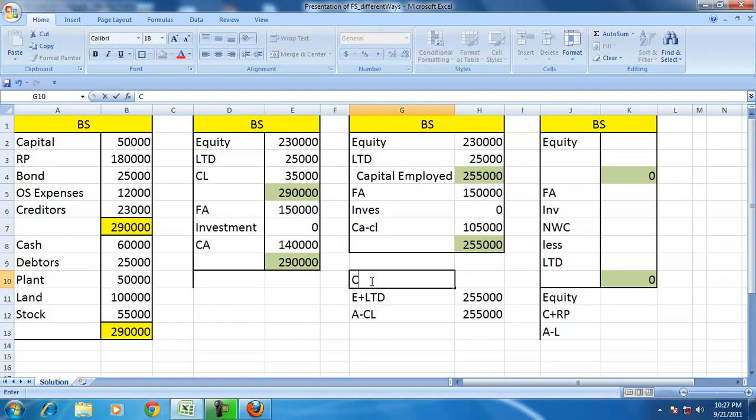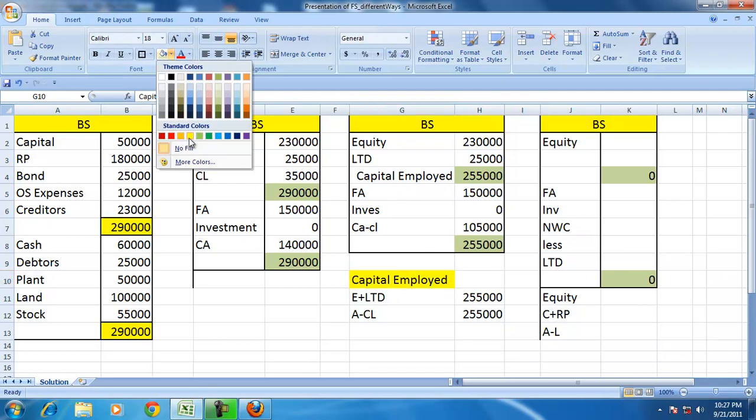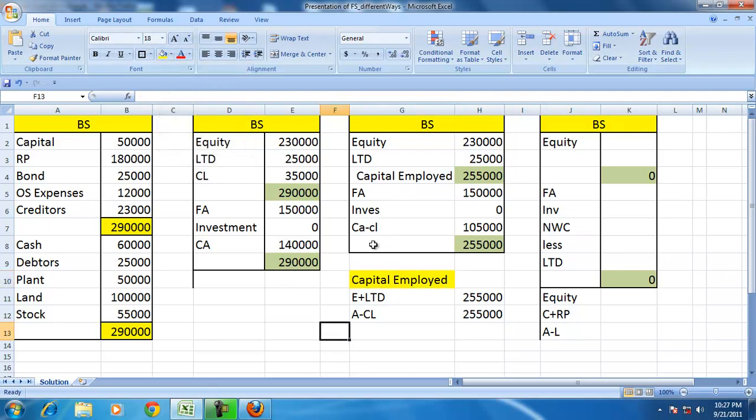So capital employed is the long-term sources, that means the funds from the debt and equity. Long-term debt and equity is also called the capital employed. So the total of the balance sheet sometimes is not important. What is important is to understand the composition of the items and the focus of the presentation.